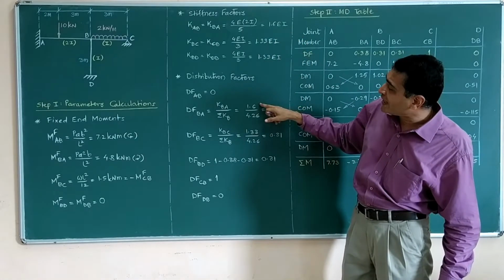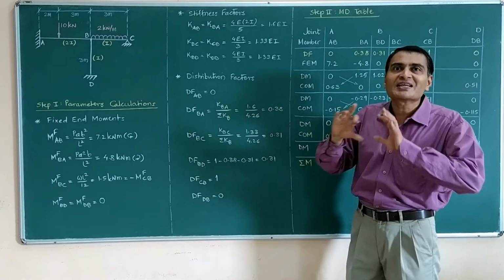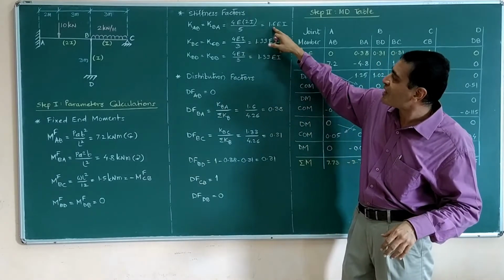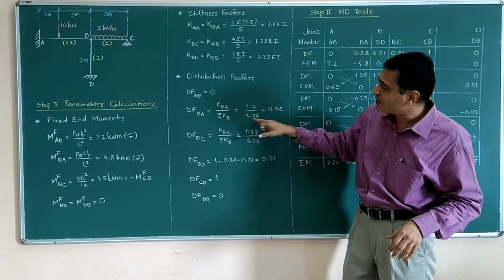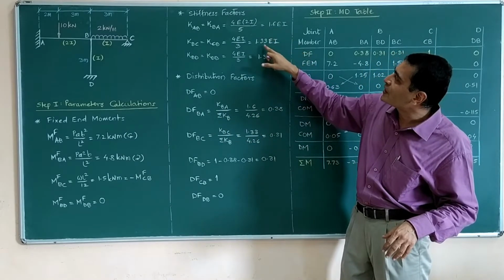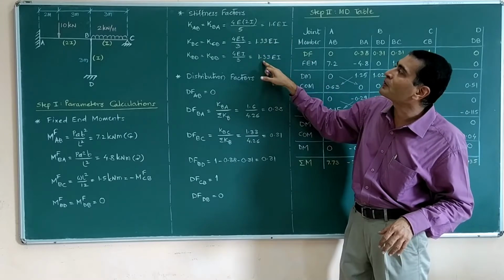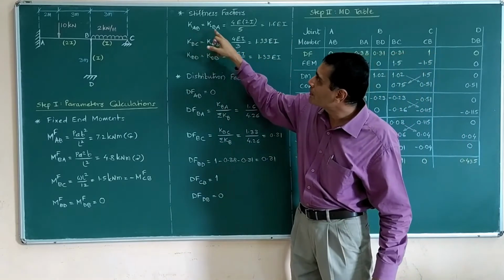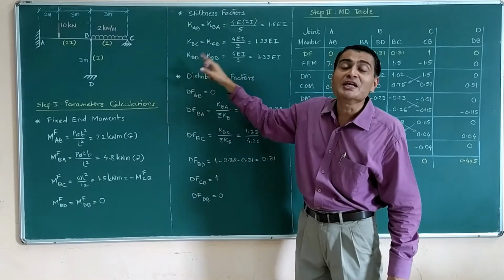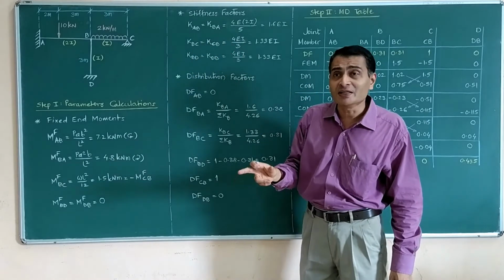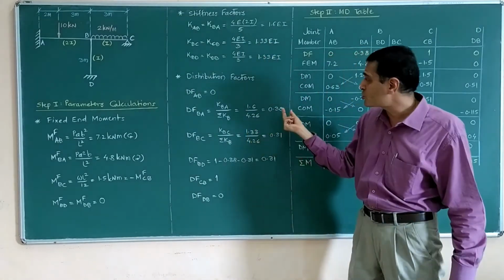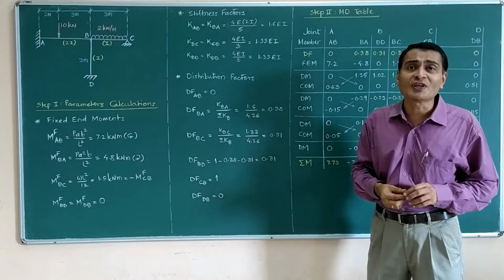EI I am not writing, assuming that it gets cancelled from numerator and denominator. So 1.6 upon sigma K at B, that is 1.6 plus 1.33 plus 1.33, which is K of BA plus K of BC plus K of BD. This summation comes out to be 4.26 and I am getting 0.38.